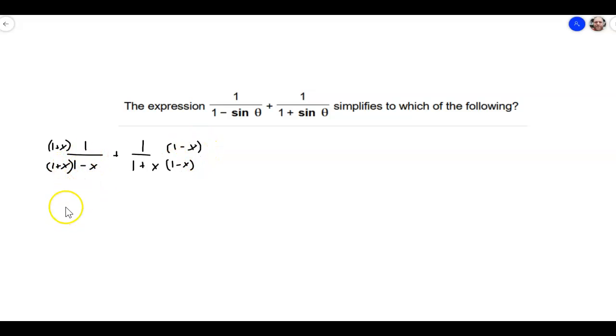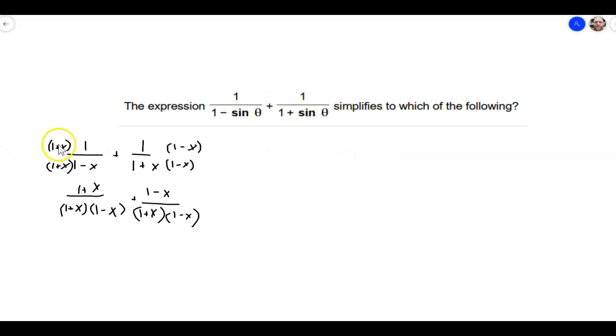On the left-hand side we get 1 over 1 minus x times 1 plus x over 1 plus x, and on the right-hand side we get 1 over 1 plus x times 1 minus x over 1 minus x. This is just using a variable to show you what would happen, and we're going to do the same thing over here.